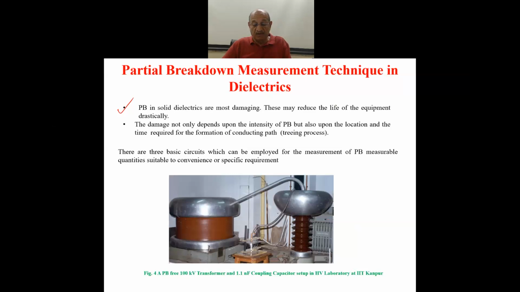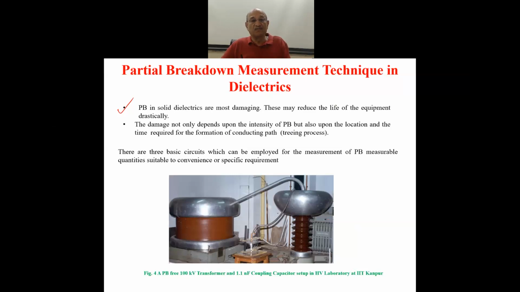What is the essential requirement for a partial breakdown measurement? You do have, you can say, a PB detector. As you know, most of the people in the world call it a PD detector, partial discharge they call it.